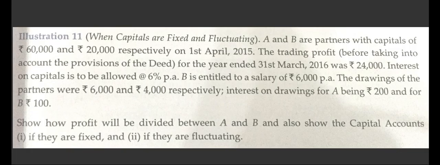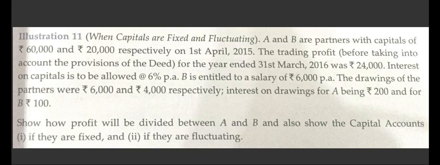It says A and B are partners with capitals of 60,000 and 20,000 respectively on 1st April 2015. So let us write down the facts. There are two partners, A and B. What are their capitals?